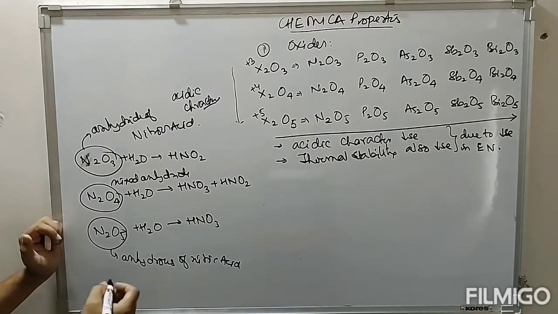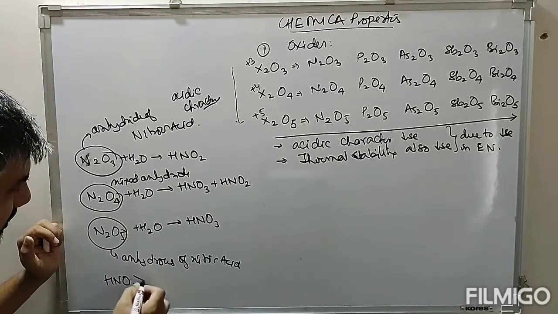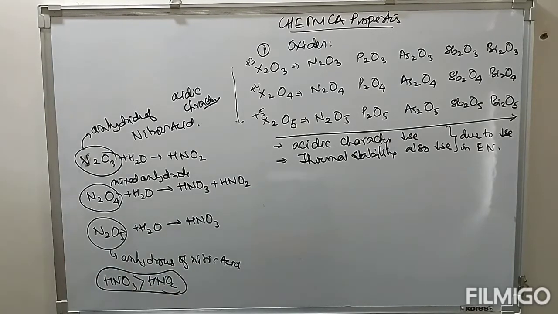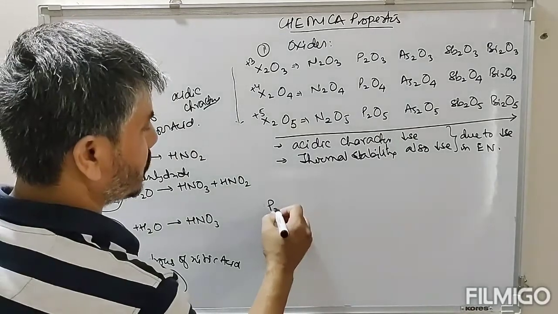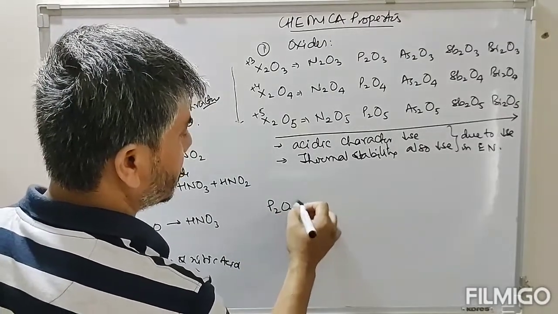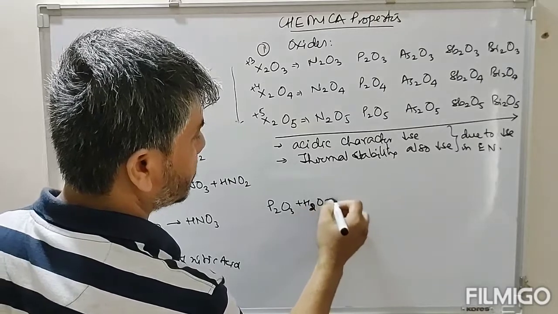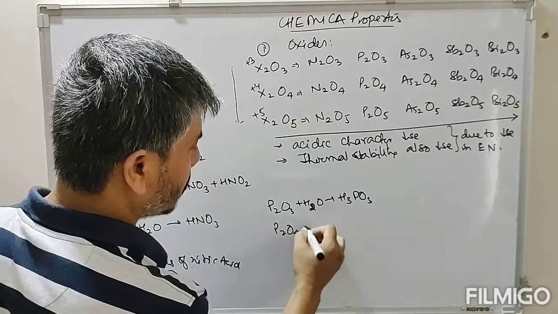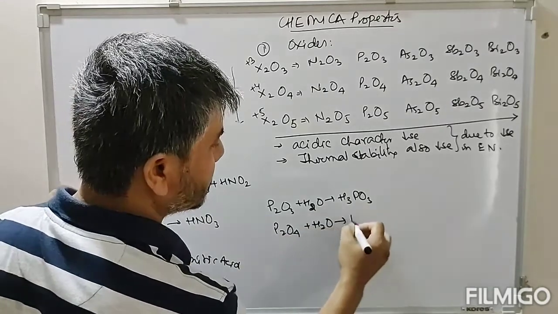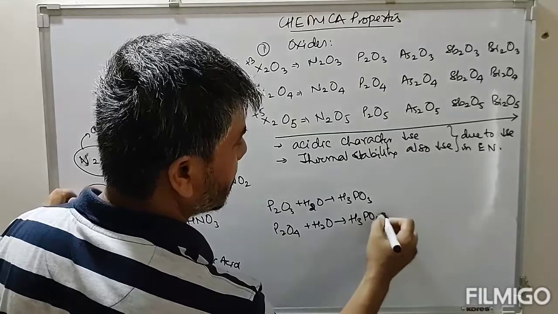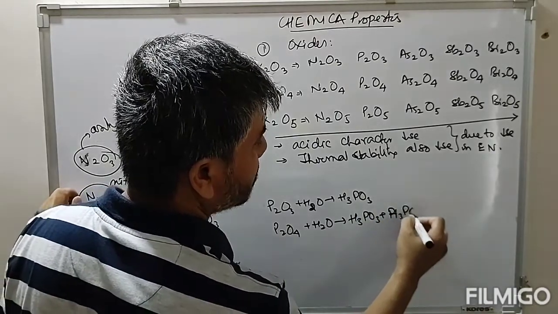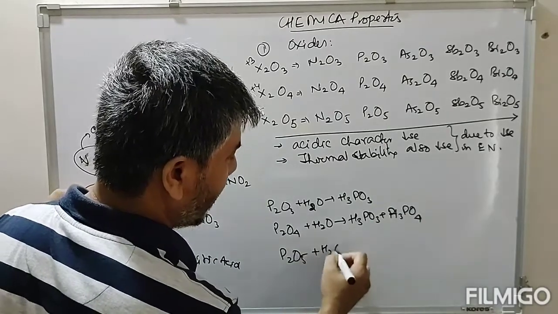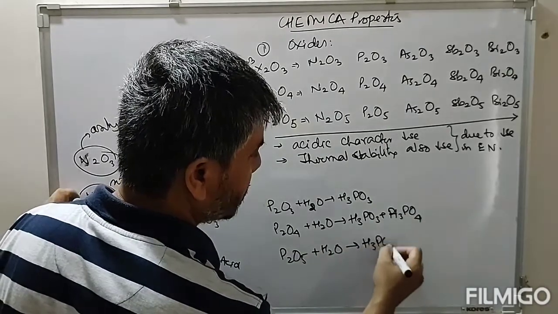So that means nitric acid is a stronger acid than nitrous acid. Similarly, we can take phosphorus. So P2O3 on hydrolysis gives you phosphorous acid, and P2O4 on hydrolysis gives a mixture of phosphorous and phosphoric acid, whereas P2O5 on hydrolysis gives you H3PO4.